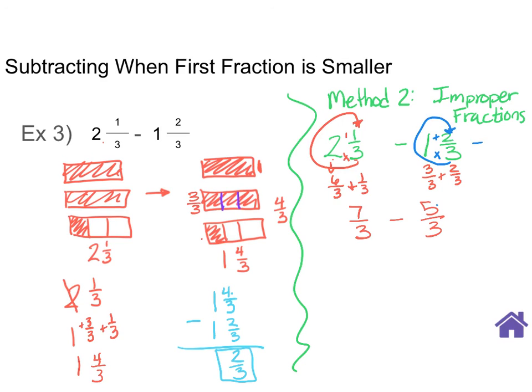The denominator stays the same, okay? So you get 5/3. Then you just have 7/3 minus 5/3. So 7 minus 5 is 2, and you get 2/3. And that's the end of adding and subtracting mixed numbers.